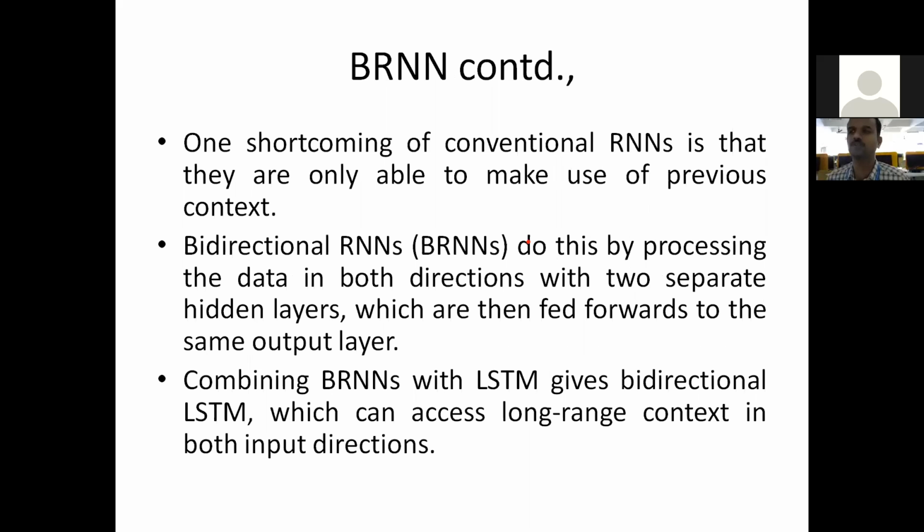As I told you in the beginning, bidirectional LSTM is also used in present day research. We arrive at bidirectional LSTM by combining the LSTM approach with bidirectional RNN, which we can use to access long range context in both input directions.